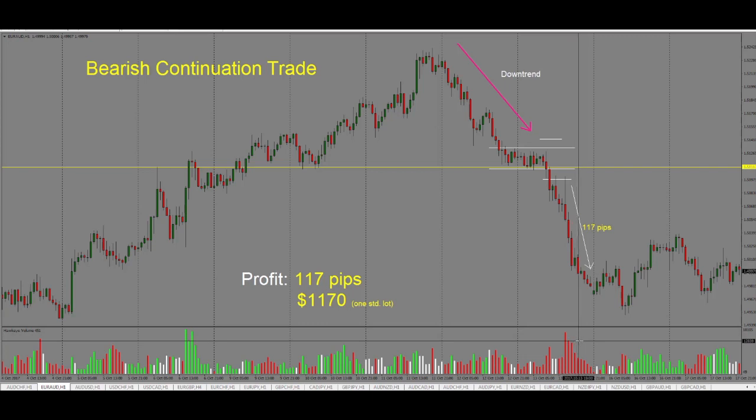So that's a good sign that shows us that price is not likely to continue too much further now, so it's best to close the trade out. So we close the trade out at the end of the day here. We get 117 pips in the trade from entry to our exit right here. So our profit is 117 pips, or $1,170 if trading one standard lot.